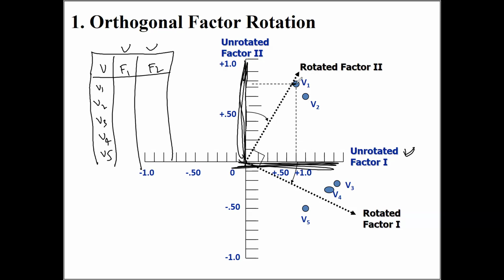So what is the value of V1? V1's value, I think, is almost 0.8. I don't know actually, but I am assuming it will be around 0.8. And then on this factor, how much will it be? 0.6.